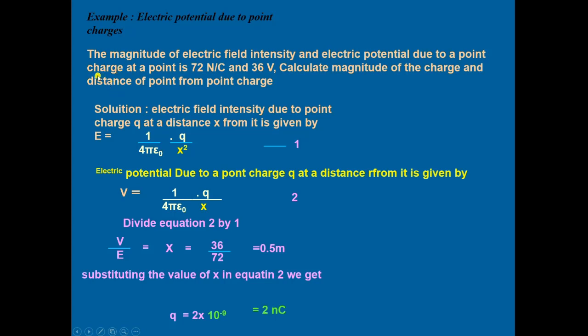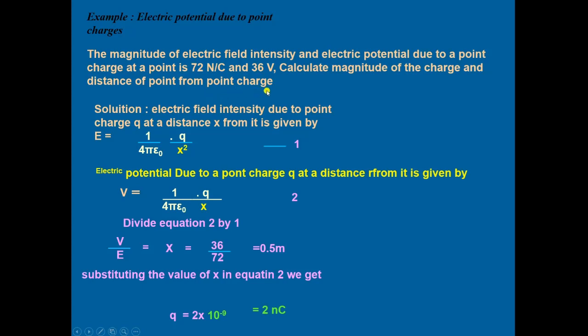Here is an example. The question is that the magnitude of electric field intensity and electric potential due to a point charge at a point is 72 Newton per Coulomb and 36 volt. Calculate the magnitude of the charge and the distance of the point from the point charge.